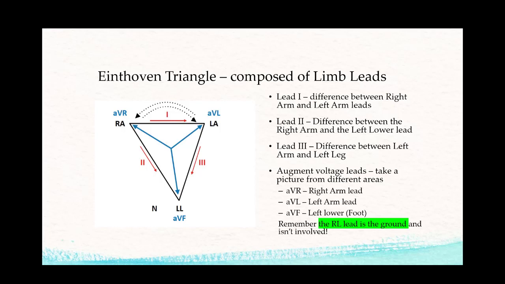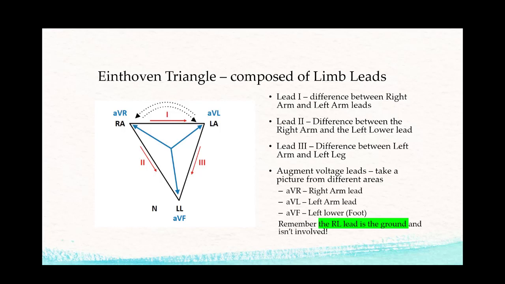So AVF is going to be the left leg, because remember the right leg electrode is always our system ground, and it's not involved in this, but it's responsible for keeping the whole system together. AVF is going to be taking a picture upwards, looking at the bottom part of the heart.